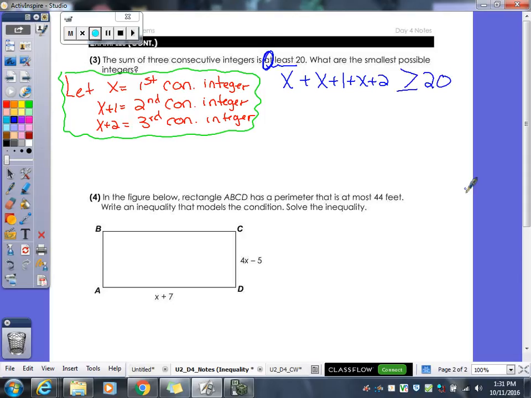Okay? I'm going to give you a minute. I want you to finish that one on your own. So that's going to give me 3x plus 3 is greater than or equal to 20. Minus 3 from both sides. Divide by 3.